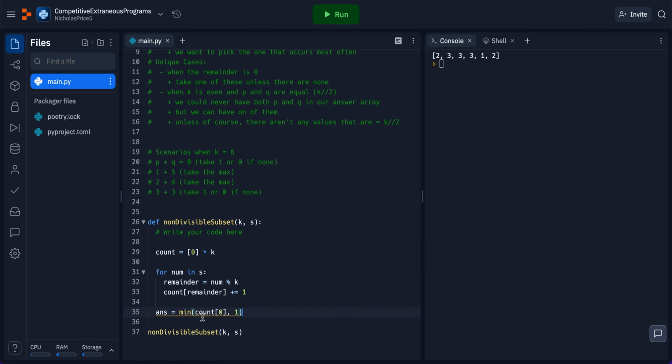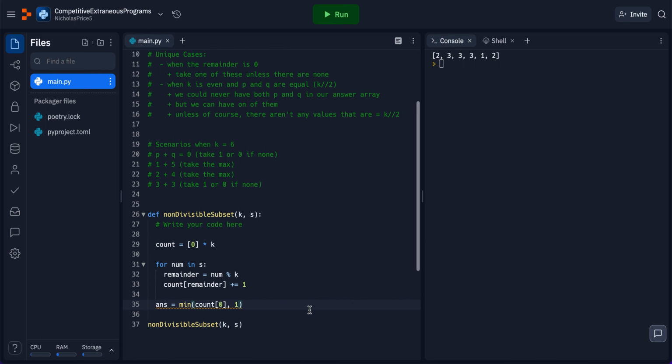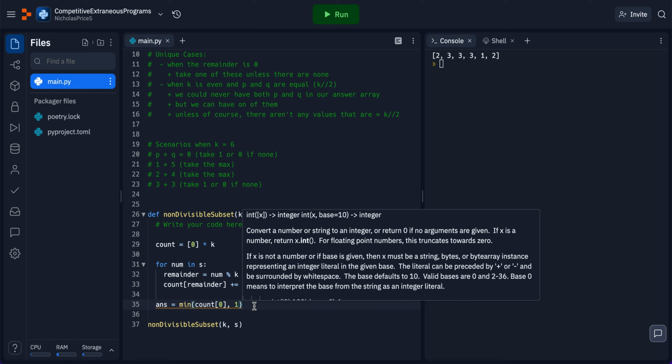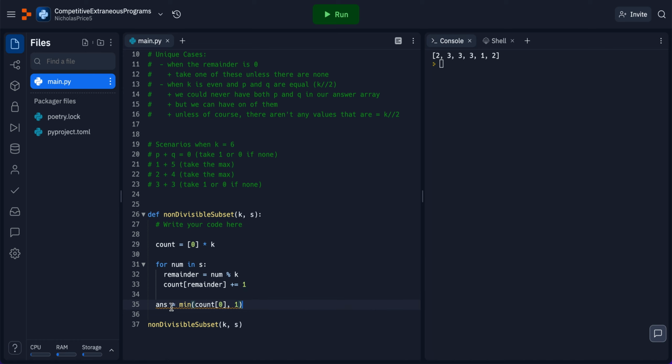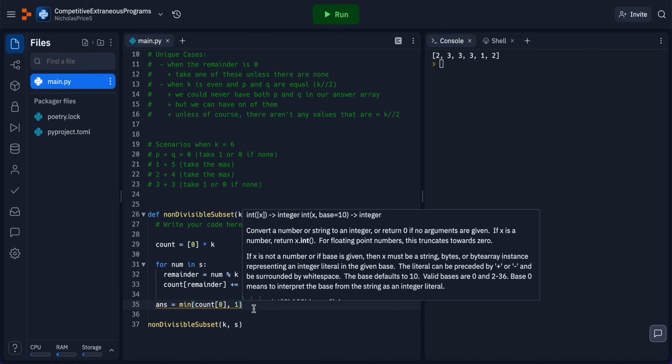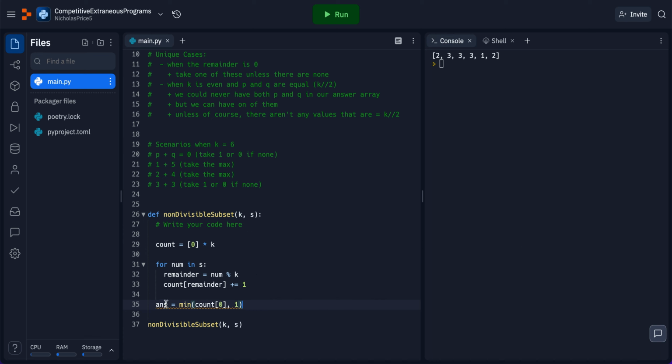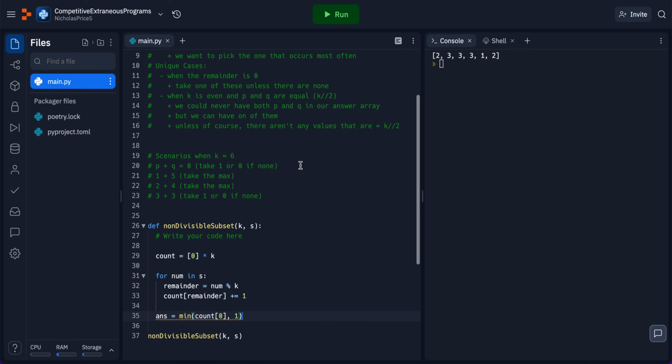So if we have count 0 equal to 0, meaning we have no numbers that when divided by k have a remainder of 0, we will want to take 0 and add that to our answer. But if we have one of those or more, we want to only add 1 to our answer. And go back to that logic that we previously stated.